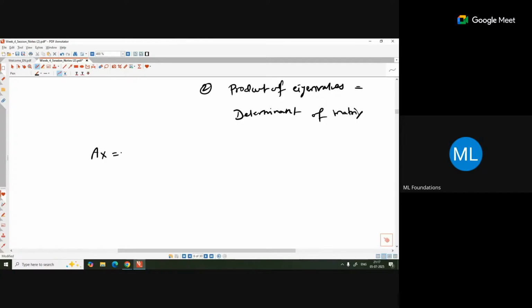A x equals lambda x, right? In this case the eigenvectors are (1, a) and (1, b). I don't know whether this eigenvector corresponds to eigenvalue 1 or 2, but the first element in both eigenvectors is 1.